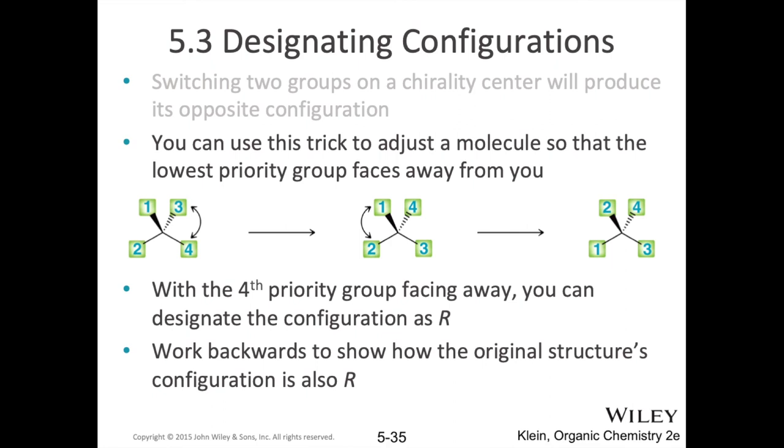You can see here an example where our lowest priority group is in the plane. It doesn't have a solid or a dashed wedge. So we have to do a little finagling to get that low priority group pointing away from us. You can see they've flipped multiple groups to get that to work.